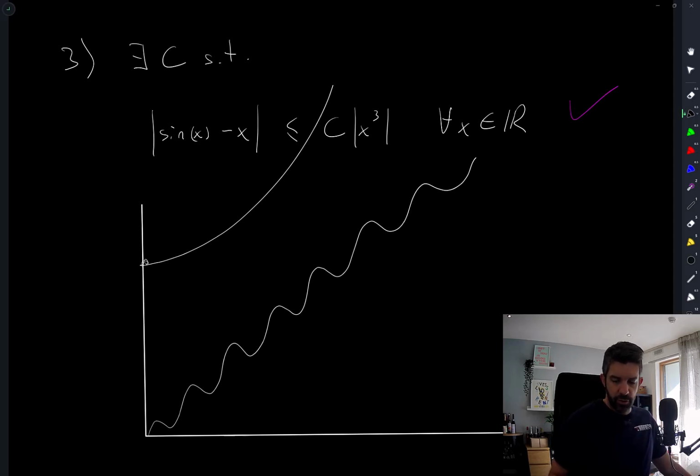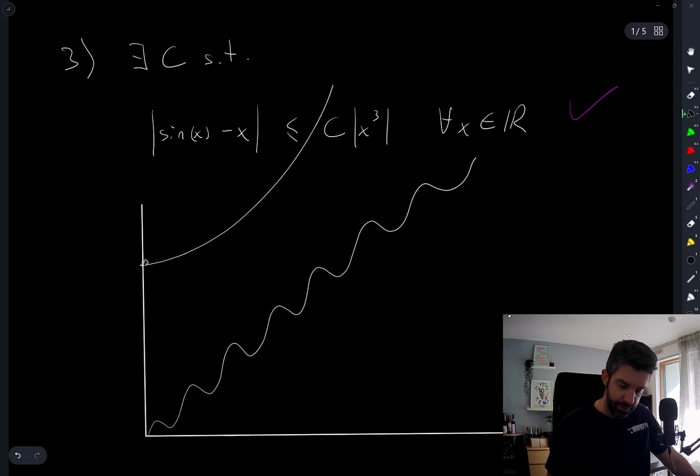I mean, you can probably revert to a precise statement of Taylor's theorem, like the remainder theorem. I can never remember exactly how that statement goes, but we clearly have the first order approximation to sine x here, and that's going to be bounded by something that has to do with maximal derivatives of sine x or something like that.